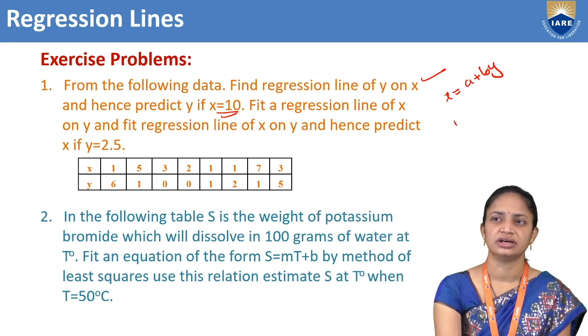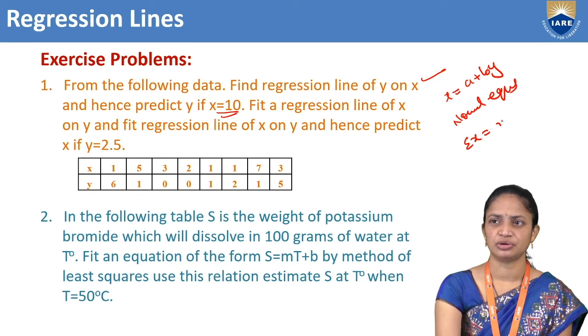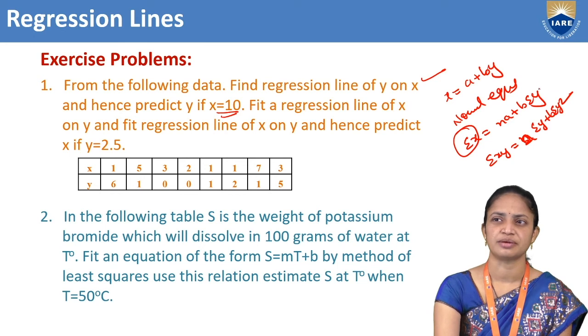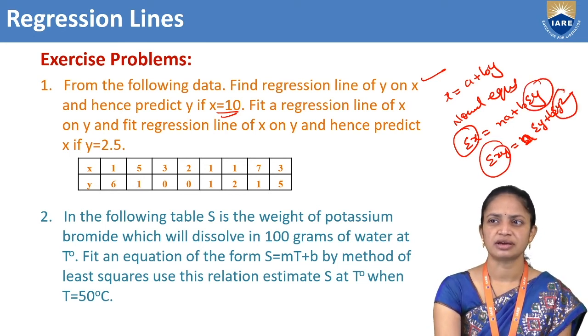The normal equations are summation x equal to na plus b into summation y, and summation xy equal to a into summation y plus b into summation y square. Here we need to calculate summation x, summation y, summation xy and summation y square.